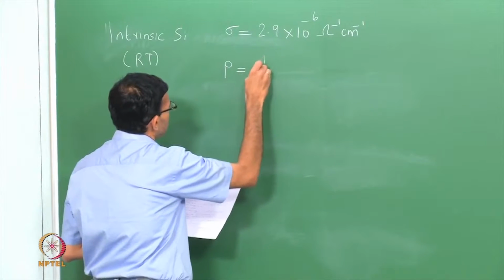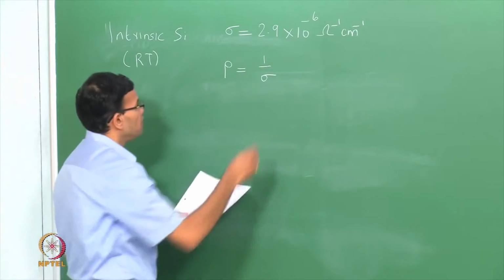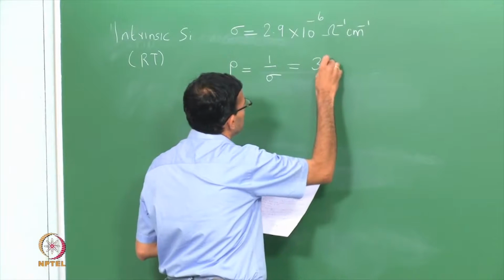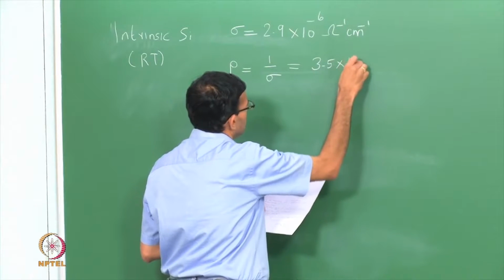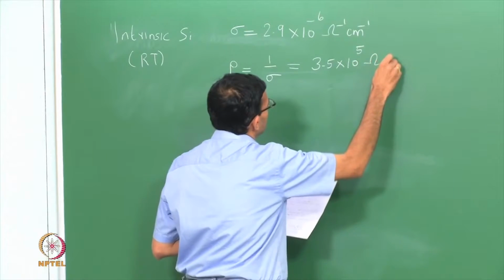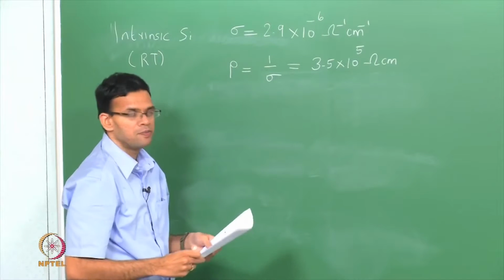Resistivity rho is nothing but 1 over the conductivity. The resistivity is 3.5 times 10 to the 5 ohm centimeter. So, it is just 1 over the conductivity.